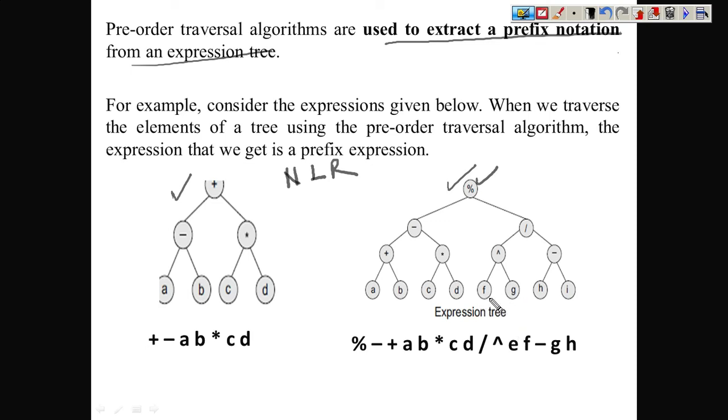This is a mistake here. This is actually E, F, G, and H. So here you can find the operator E F, then we have minus G H. So this is the prefix notation of the given expression.